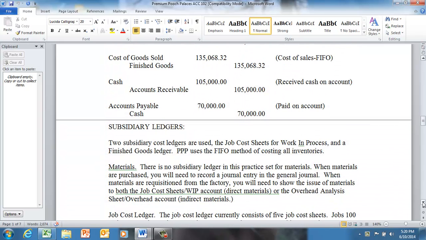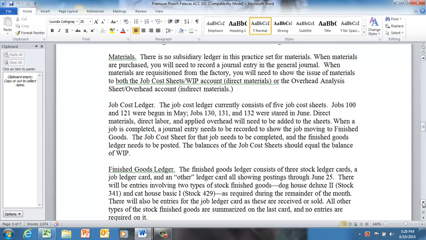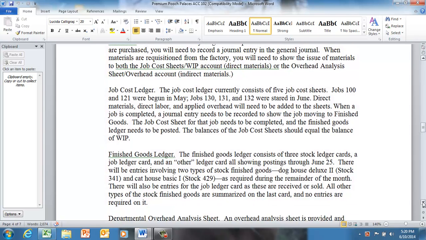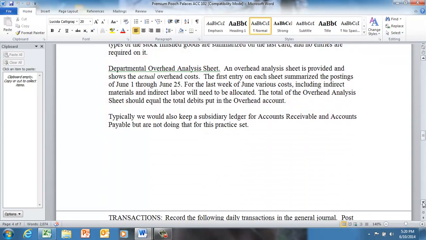It is figured that you have all the June 25th general ledgers set up, your journal pages set up, and you've got the June 25th journal entries already in your journal and preferably posted to the general ledger. Okay? The next page in your narrative talks about the different ledgers, and we had a PowerPoint that went into that in more detail.